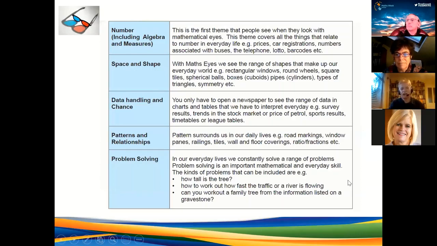There's a lot of data handling now in the world in terms of trying to assimilate information. Patterns and relationships, which we think is very important because, as an applied mathematician, it's the concrete springboard for algebra and a lot of things that people do at a higher level in applied mathematics. But with patterns and relationships, we found that particularly primary school children love spotting a pattern, and they love trying to draw relationships between things.